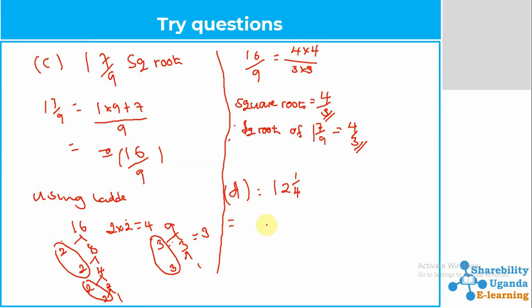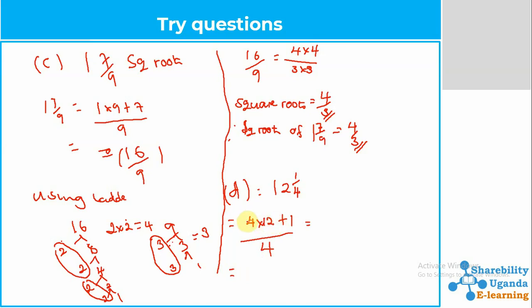We say if we have 12 whole number 1 out of 4, then this is going to be equal to, what is 4 times 12? We say 4 times 12, then plus 1 out of 4. Here we shall be able to get our answer. What is 2 times 4? That is 8.